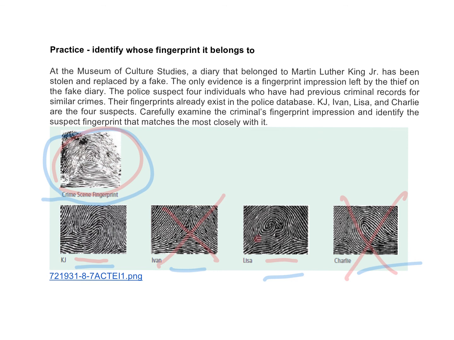So you have one delta here, two deltas here, and then you have a loop here and a loop here. This one: delta, delta, loop, loop. Do you get Lisa as the answer? You can see the type lines, but KJ is not that obvious. Yes, so the answer is Lisa.